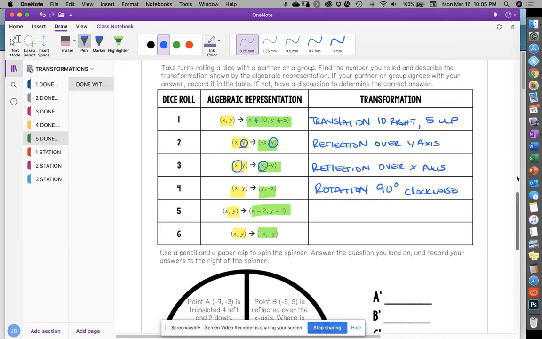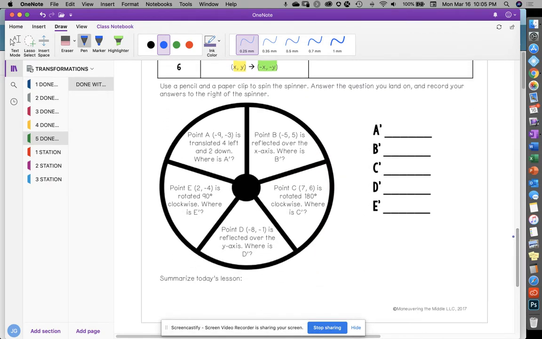And then down below here, they wanted you to do a spinner activity. But again, of course, we're not doing this in class. A prime would be what? Well, this one says that point A is at negative 9, negative 3, and is translated 4 left and 2 down.